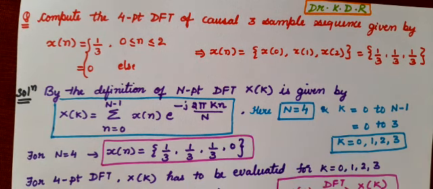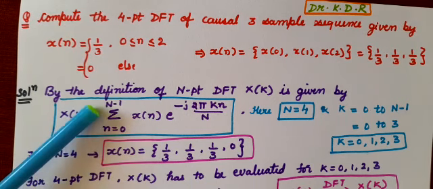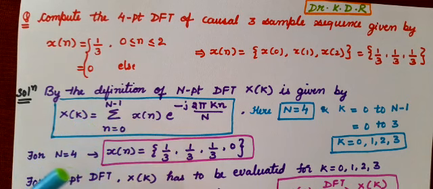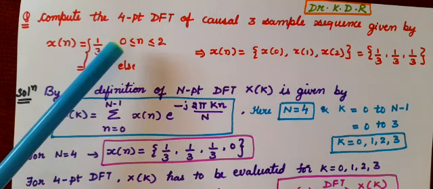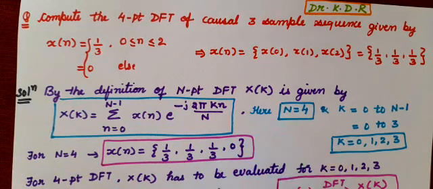By the definition of N-point DFT, X of k is written as summation n is equal to 0 to N minus 1 of x of n e to the power minus j 2 pi k n by capital N. Here we are going to compute the 4-point DFT, so capital N value is 4 and k varies from 0 to N minus 1, that is 4 minus 1 is 3.